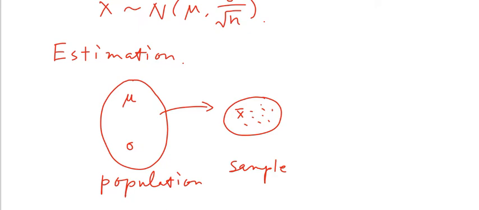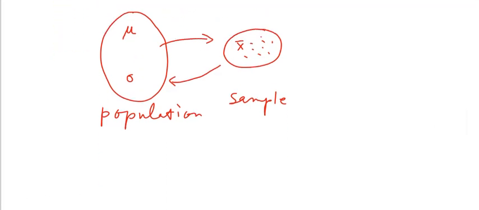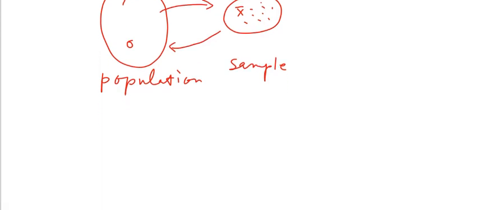From the sample information, how to estimate mu and sigma. We have a simple way we call point estimation.